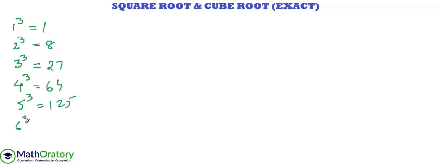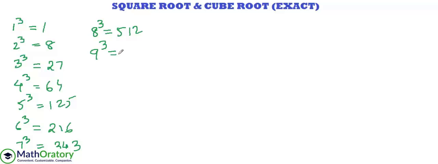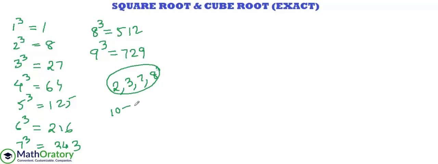Now, if you keep observing while I'm writing it down, the cubes of each of the numbers end with a different last digit, right? So 1 cube ends with 1, 2 cube ends with 8, 3 cube ends with 7. So each of the numbers ends with different last digits, right? And there is one more trick: for 2, 3, 7, 8, the last digits are 10 minus the number.